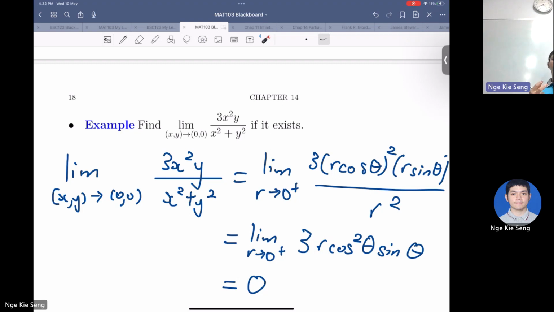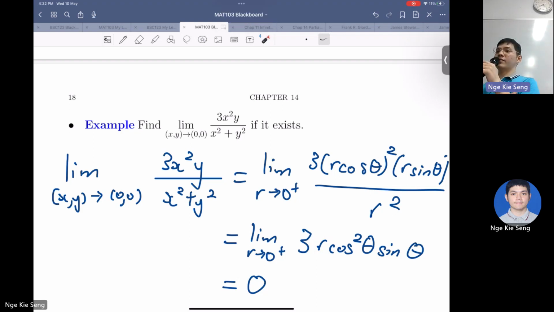Of course, you can take 0 minus, but in polar coordinates, you can turn the negative radius into a positive one by just changing the angle. So it's equivalent. Actually, left limit and right limit are equal.